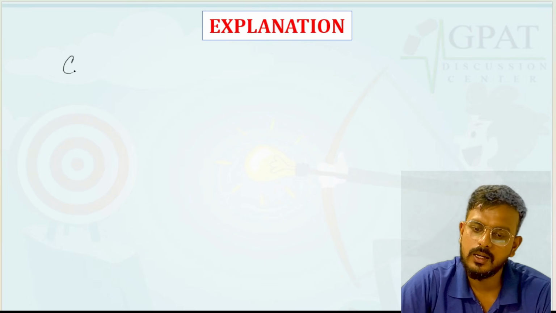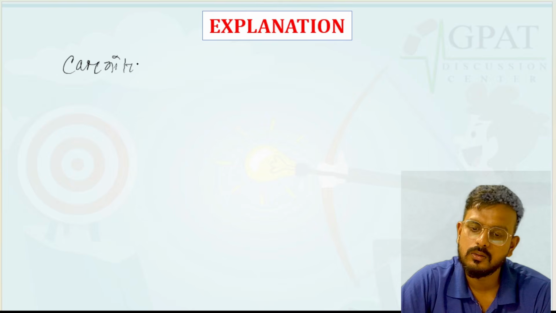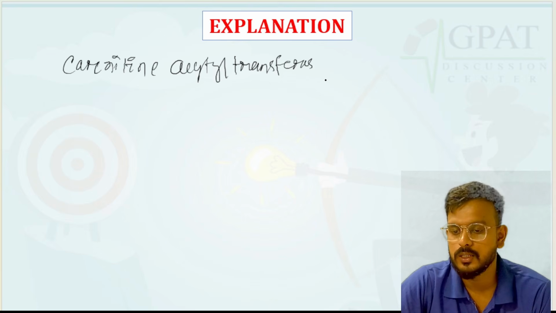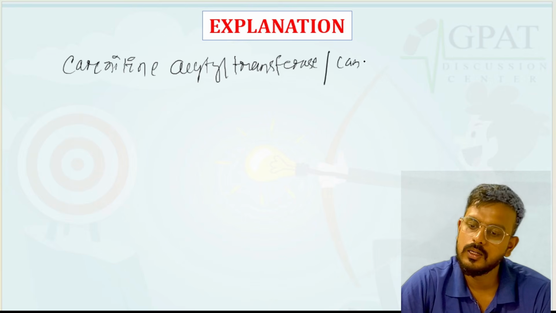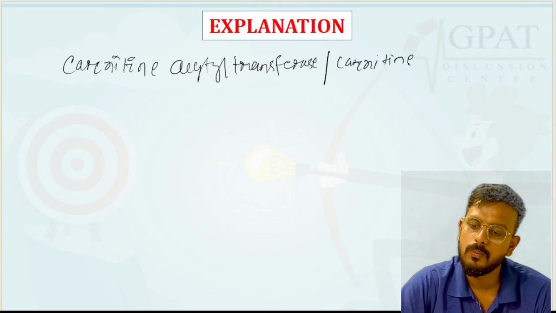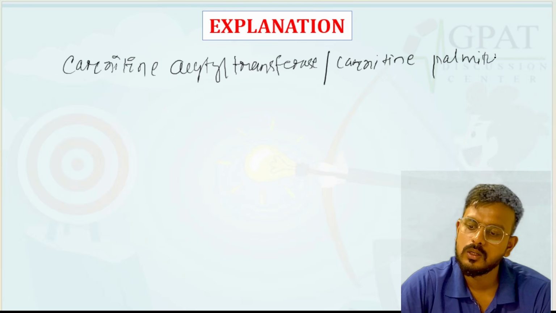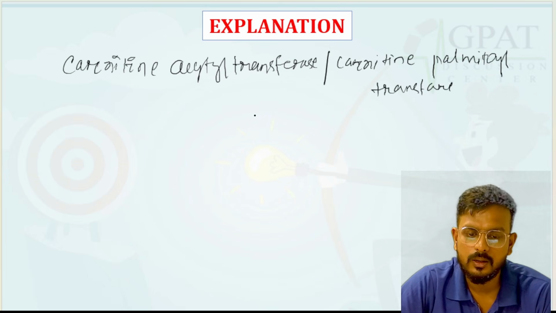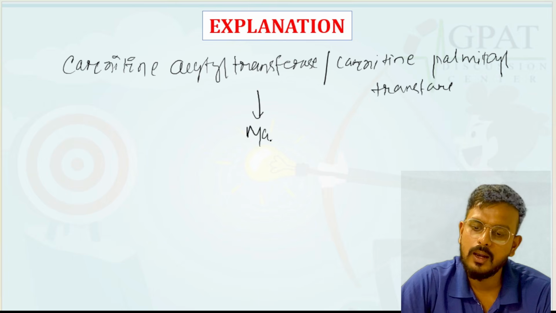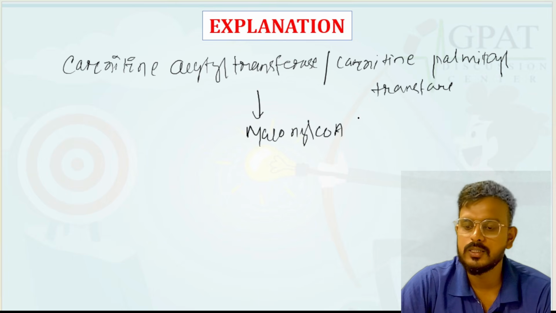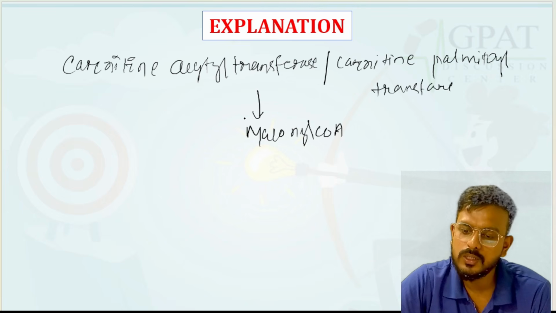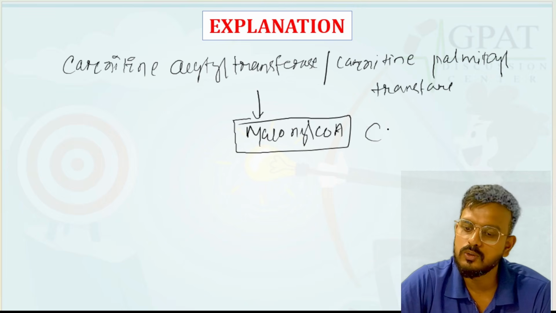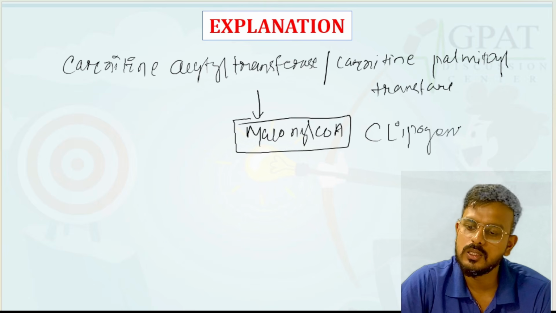Carnitine acetyl transferase, also known as carnitine palmitoyl transferase, is basically inhibited by malonyl coenzyme A. Why? Let's discuss. When is this malonyl coenzyme A produced? It is produced during lipogenesis, that means synthesis of fat.